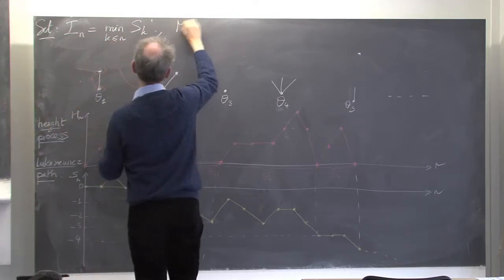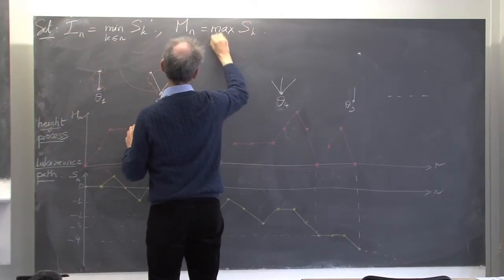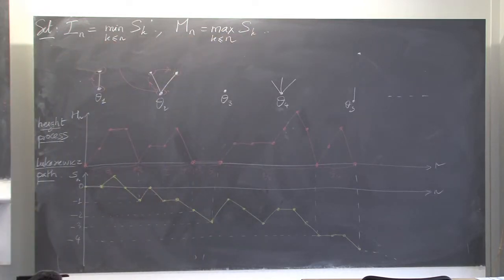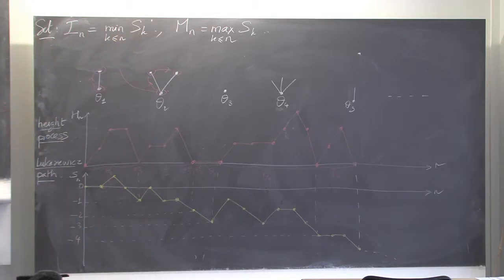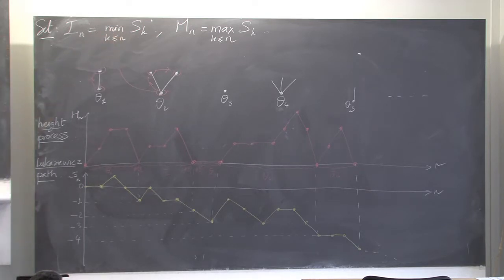And I will also need the maximal value. Essentially, if you look at this capital S as a function of the real parameter by linear interpolation, the minimum over a finite interval will be a continuous function of the path.